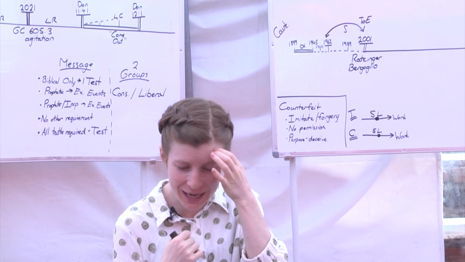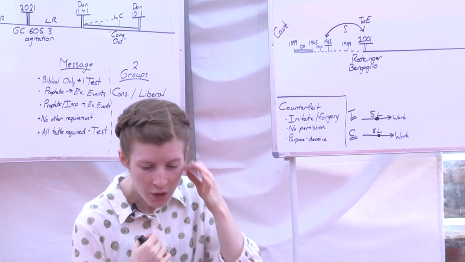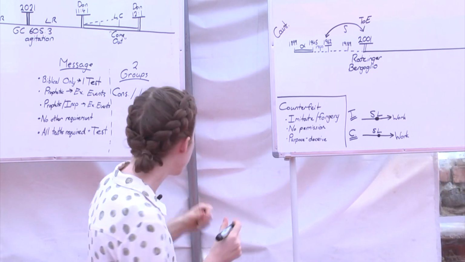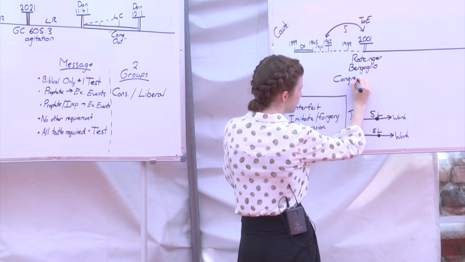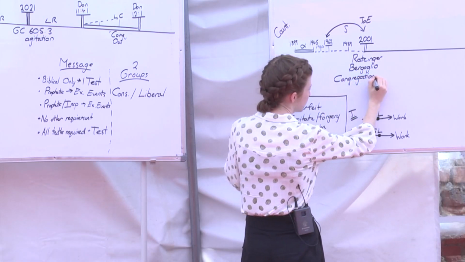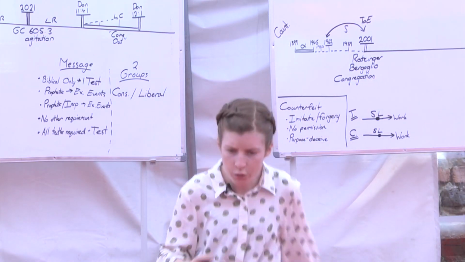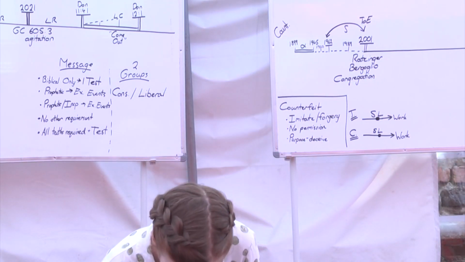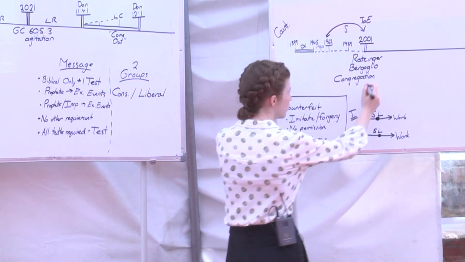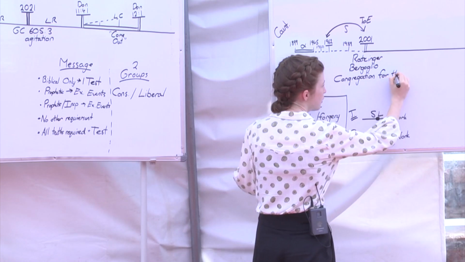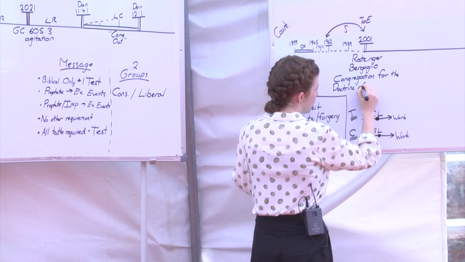And what did they change its name to? Congregation for the Doctrine of the Faith. So I'll write that down so we can remember it. Congregation for the Doctrine of the Faith.